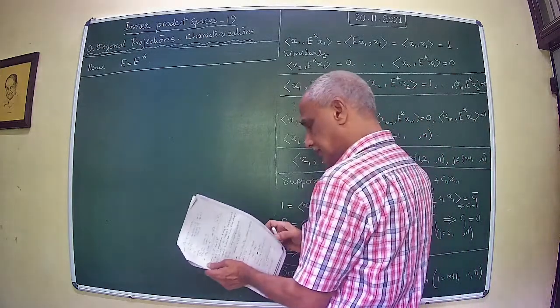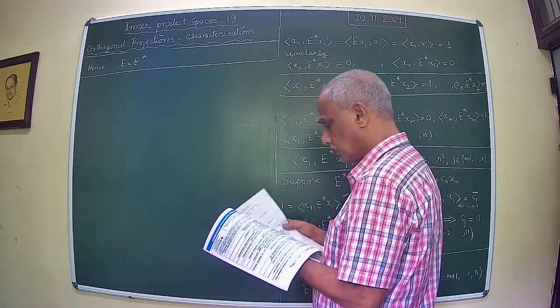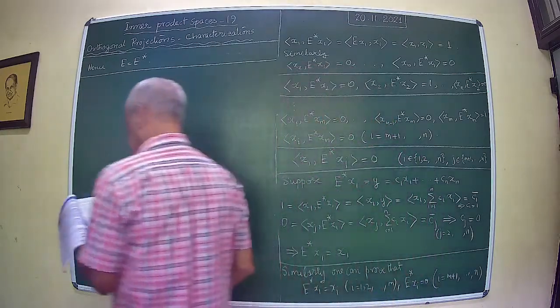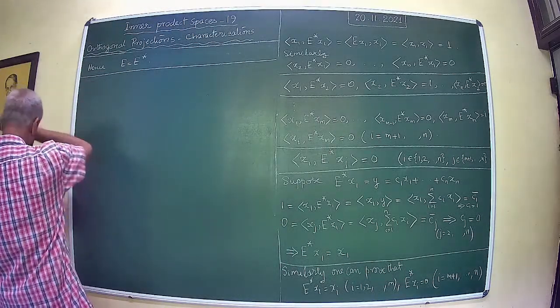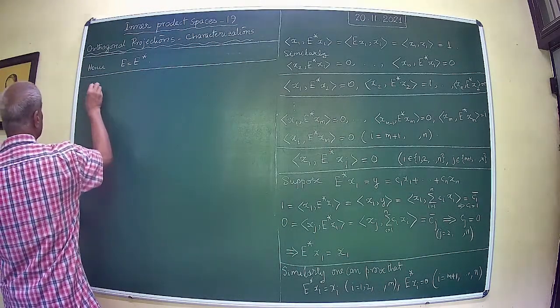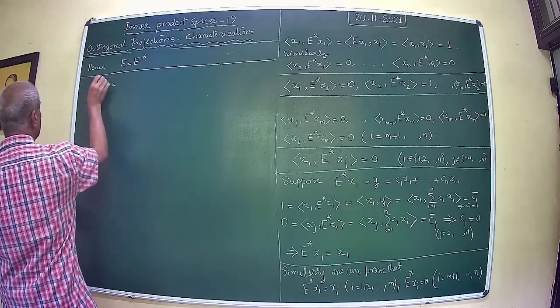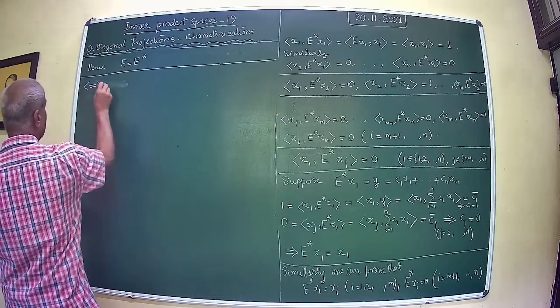The next part of the theorem says that you want to prove, if E is an operator, so we assume, we are trying to prove in this direction.